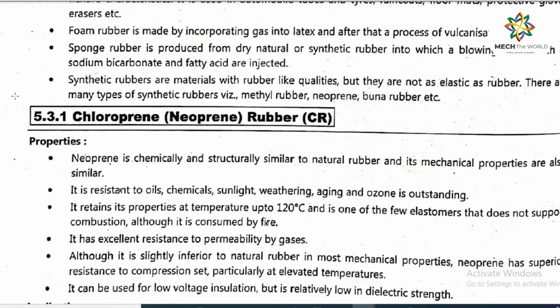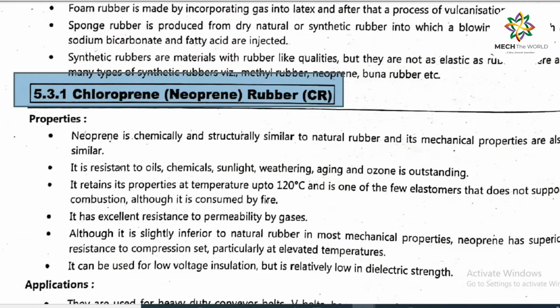First we are going to discuss chloroprene or neoprene, or CR. Neoprene is chemically and structurally similar to natural rubber, and its mechanical properties are also similar. It is resistant to oils, chemicals, sunlight, weathering, aging, and ozone.